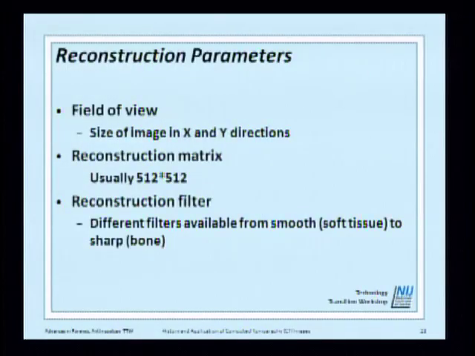Reconstruction will have the field of view. If you have had a CT before, they call it the scout, which is basically a quick scan of the overall region, and then they adjust the window for the region they want to scan. And as I said, the reconstruction matrix is 512 by 512. And then you have the reconstruction filter, where different filters are available from smooth to sharp.